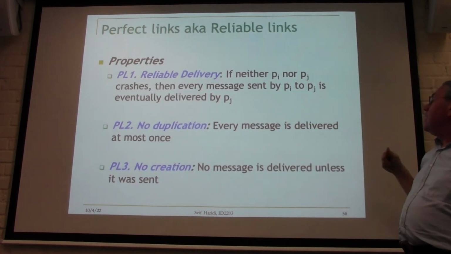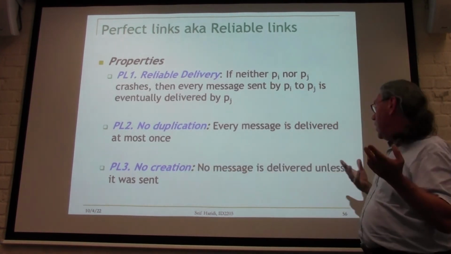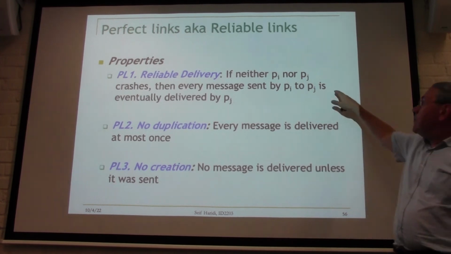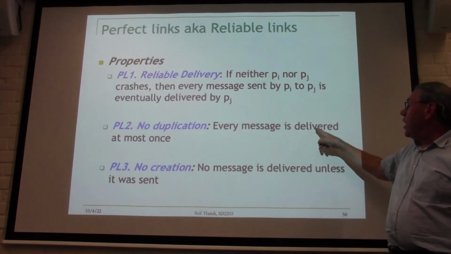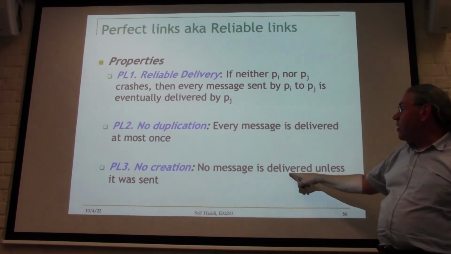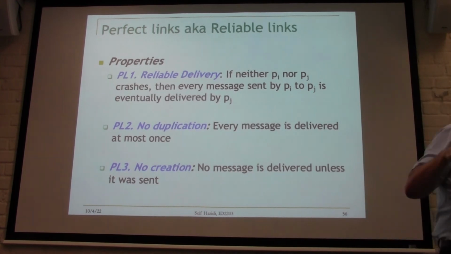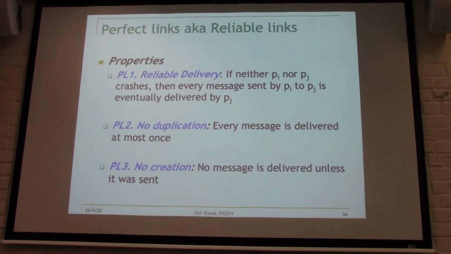That's good. Every message is delivered at most once. Okay, so it's delivered, that means at least once, huh? Here, at most once. Together, that makes exactly once. And then there's a final one: no message is delivered unless it's sent. So the network is not going to create weird messages.